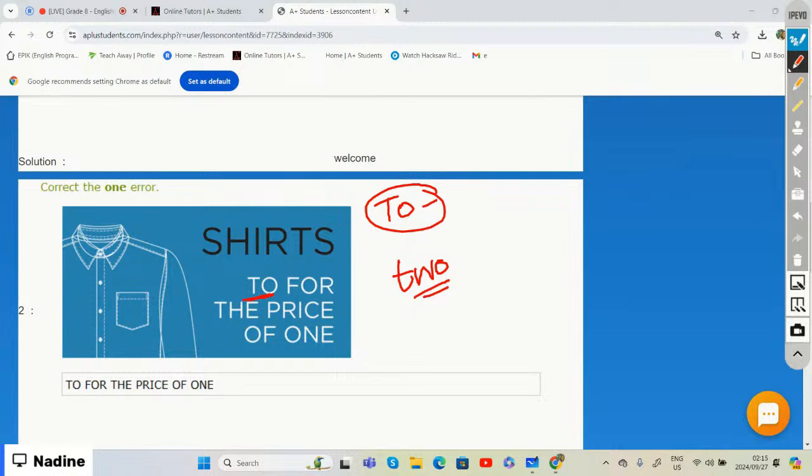It's like saying it's the number two, and the number two we write TWO. So shirts two for the price of one, not TO, because that word TO is like saying I'm going to. Exactly. So well done. So TWO should be our correct word.